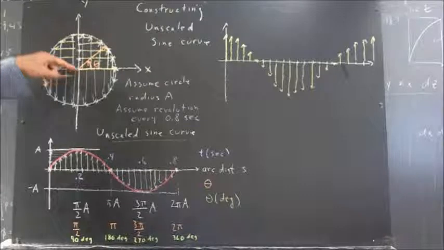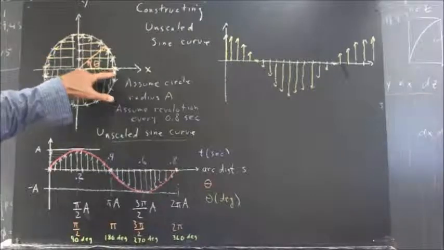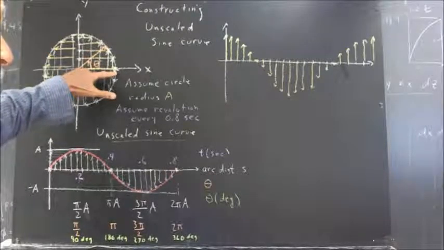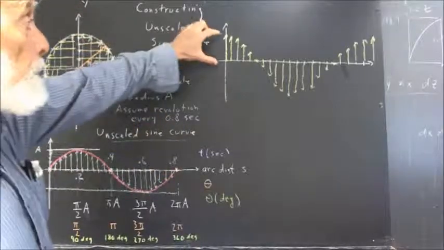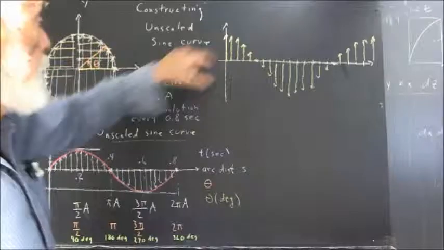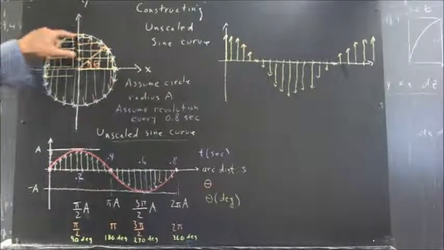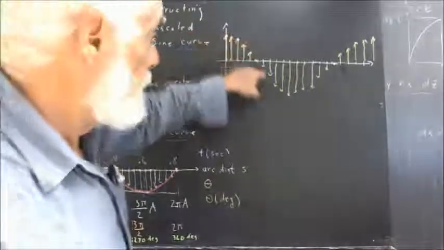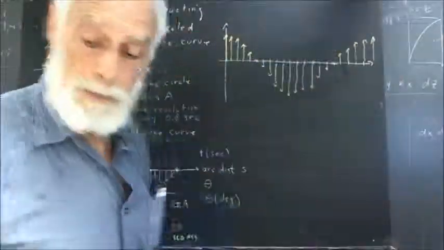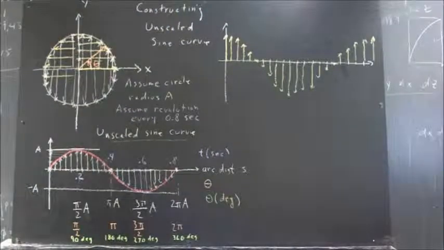In this case, the first vector is this long, so that's going to be the vector of maximum length. That's going to correspond to the radius of the circle. And we draw that vector here, and then the vectors start decreasing in length, and then they start increasing in length after we pass through here, but in the negative direction. So we see what happens, and it should be fairly clear how this graph is constructed.